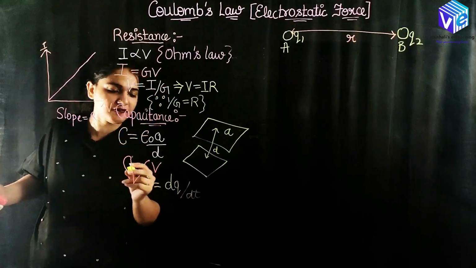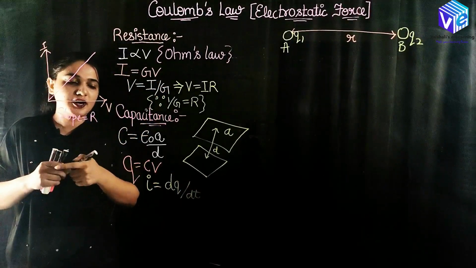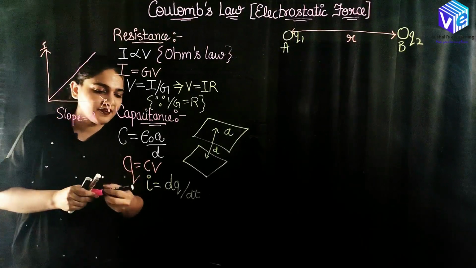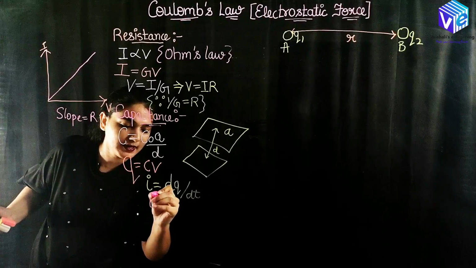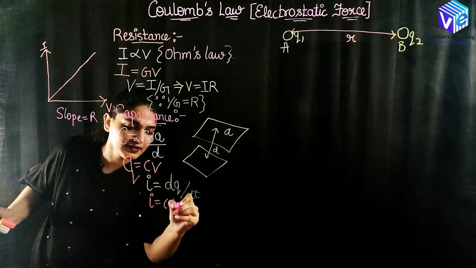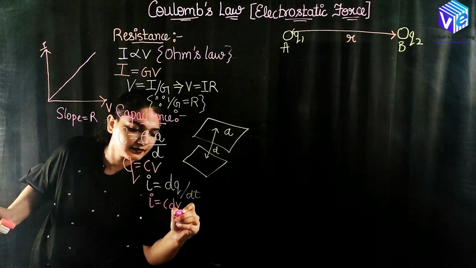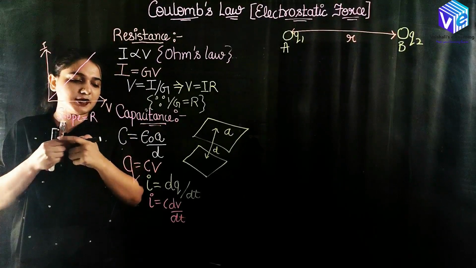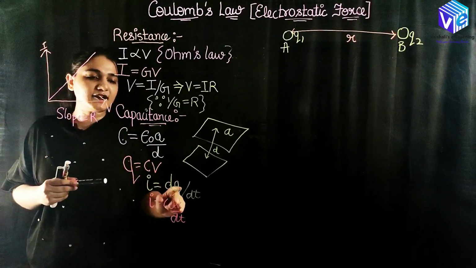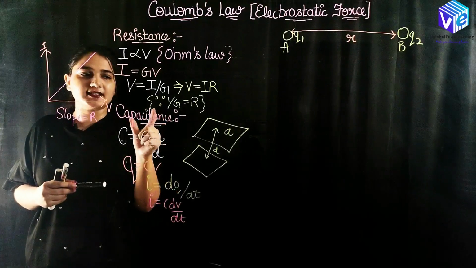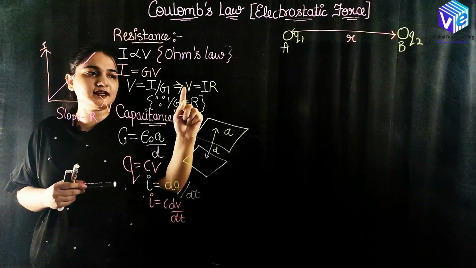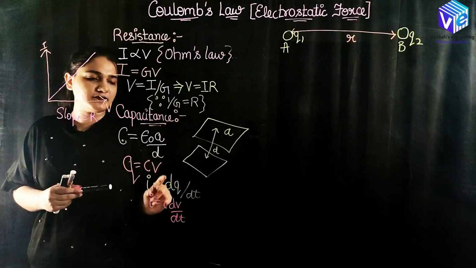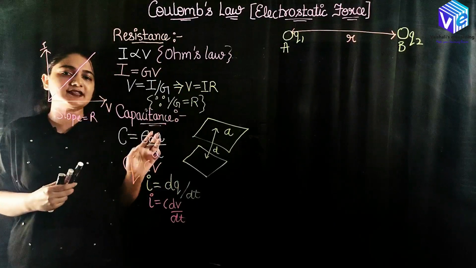If I put the value of dq measured for voltage dV, I get I equals C dV by dt. This is the relationship between current and voltage in the case of a capacitor, while the earlier one is the relationship between current and voltage in the case of a resistor.